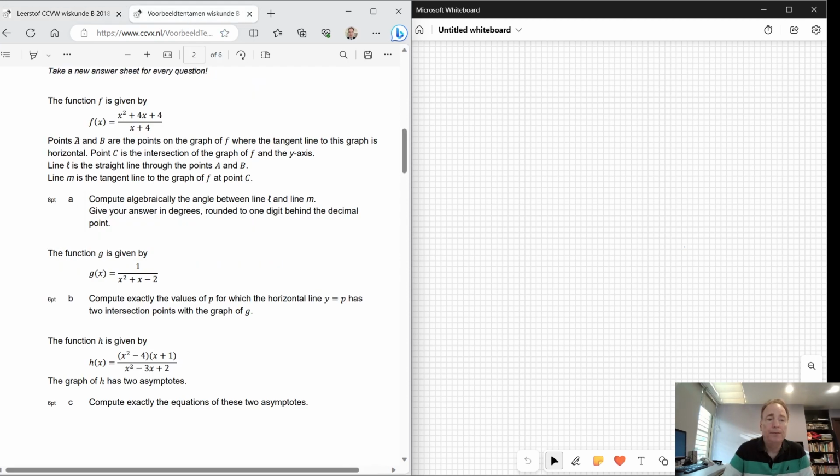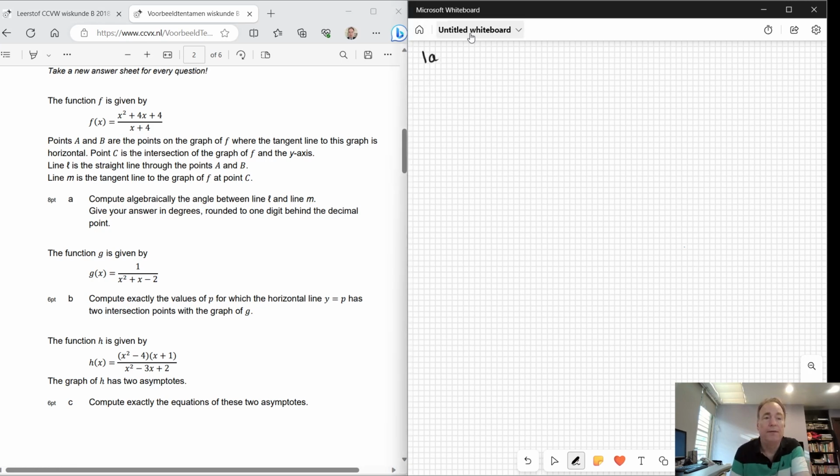So we need to know the coordinates of points A and B. And for point C, we just figure out what the derivative is where it intersects the y-axis, so that will be at x equal to 0. So let's figure out points A and B.